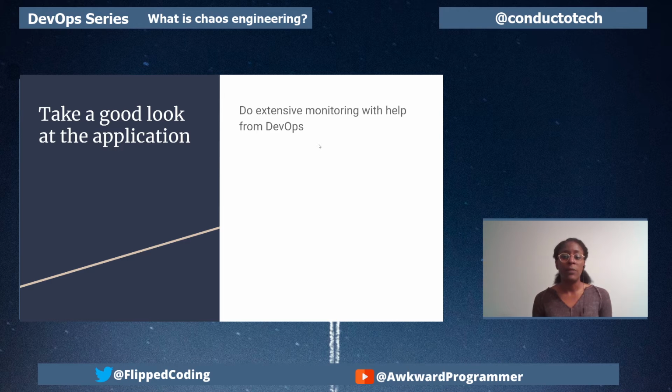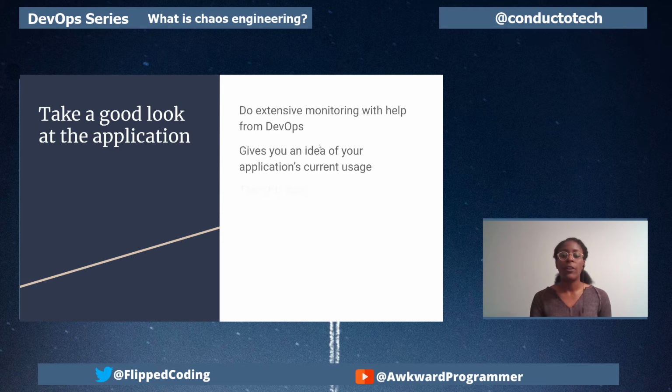Work with your DevOps team to make sure that all of the possible things that can go wrong with your application are at least being monitored. And once you have all of this monitoring, all of this data about your system, it gives you a really good idea of how your application currently works.